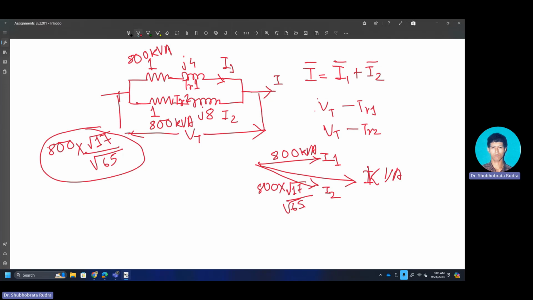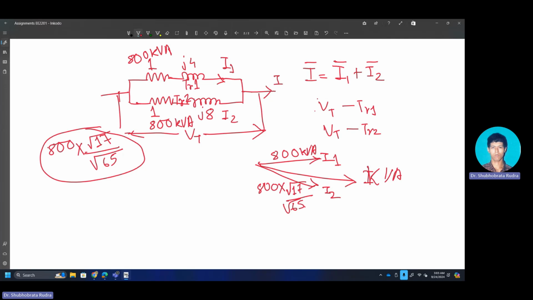But why am I associating kVA with the current? Because both the participating transformers as well as your load are subjected to one common voltage. Say the load terminal voltage is the same for both the transformers. The voltage drop across both the transformers is the same. The sending end voltage for both the transformers is the same.